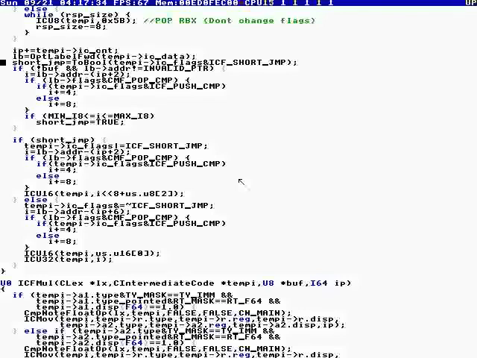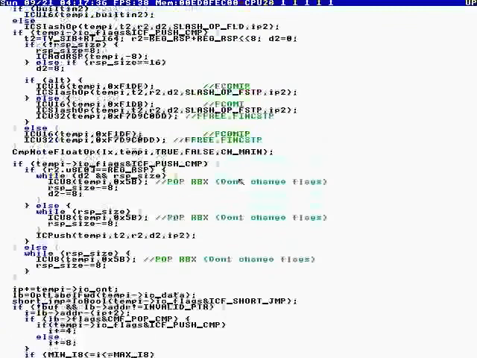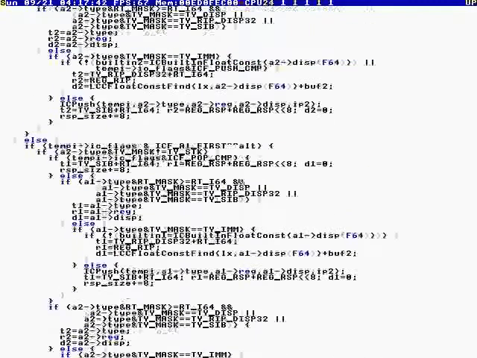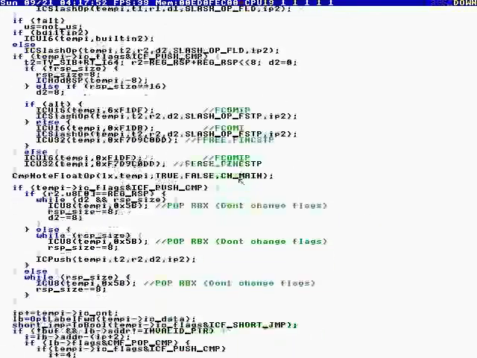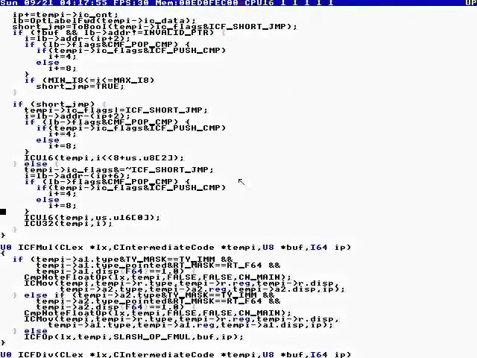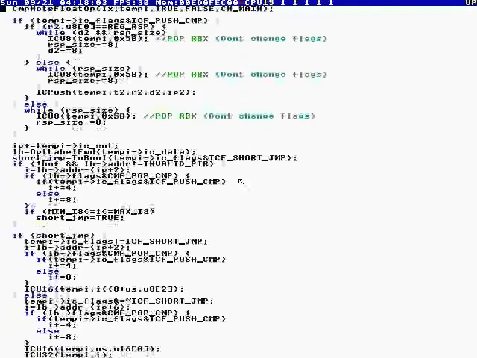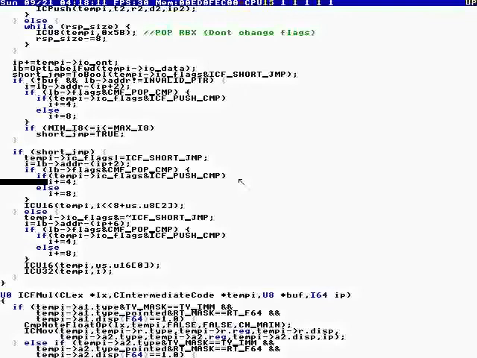But this code, it has to set the, I think we set the not finished flag. Where is that? For RIP relative, you always have to redo the instruction. I think we want the final flag. Where is it setting the final flag? Oh well. Anyway, for RIP relative, you have to redo it each time.